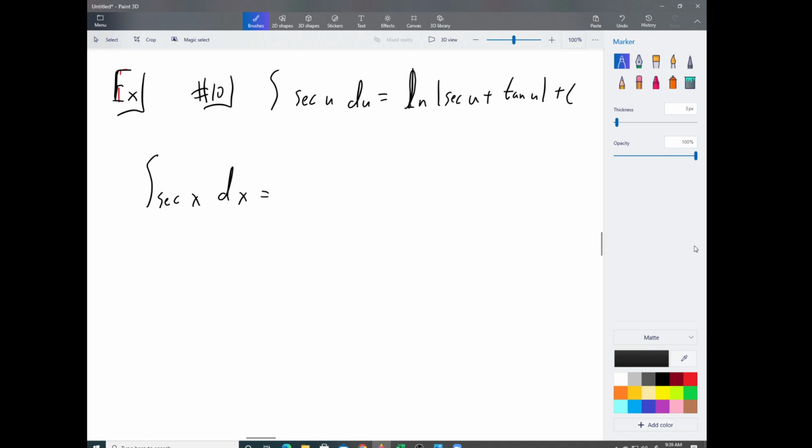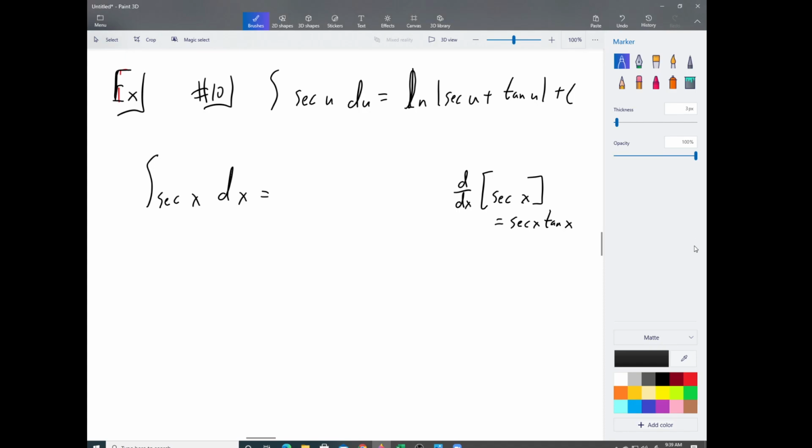Anyway, some facts about secant that we should remember. If we take the derivative of a secant, remember that was equal to secant tangent.